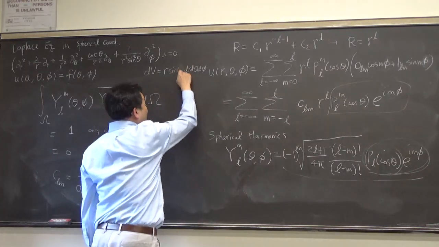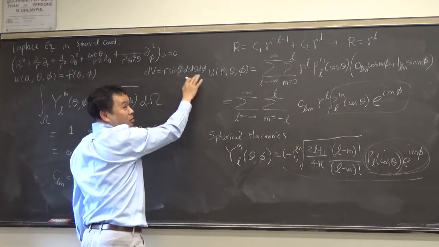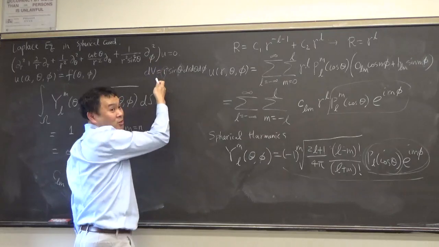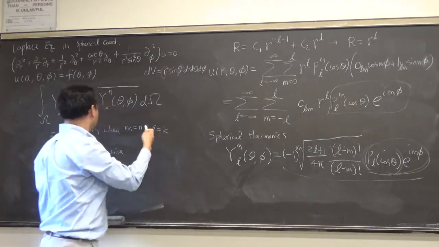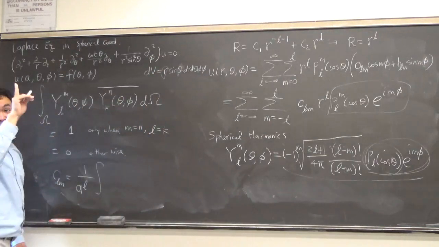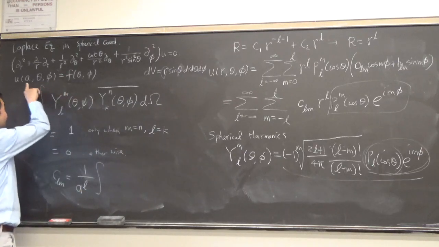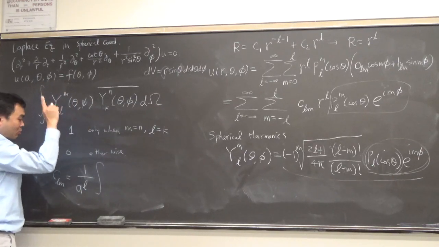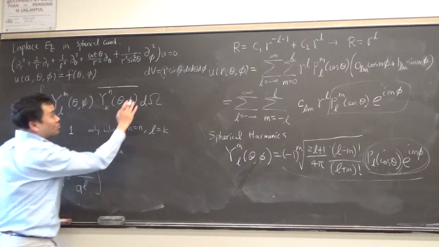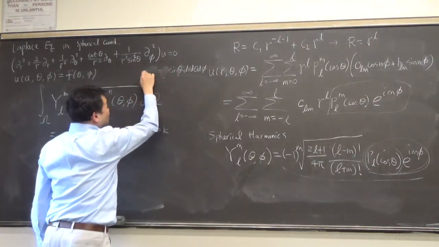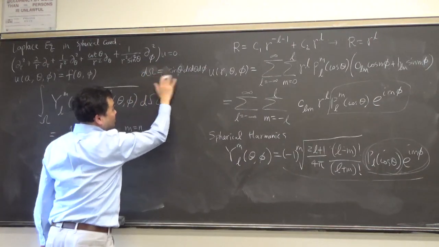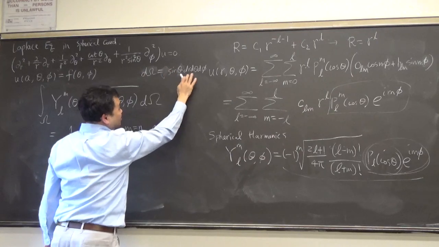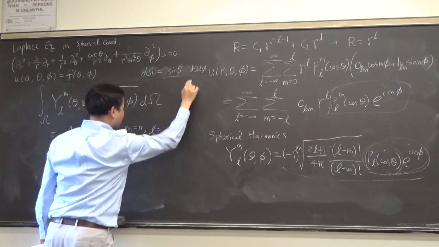So in our case, it's this one, but because it's on the surface, r is a fixed value, and we're thinking of this as an integral over the unit sphere, r equals 1. Not a, it should be 1. So it's really d omega on this curved sphere. It's sine theta, no dr, it's just this. Okay?